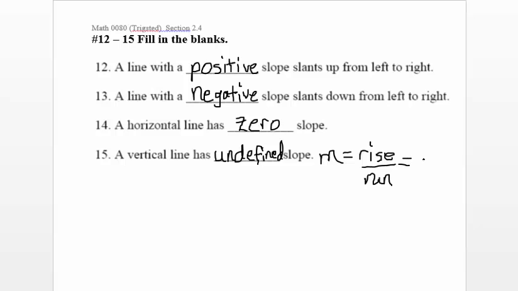So you have whatever your rise is. If there's no change in x, then your run is 0. So you have some number divided by 0, which is undefined.